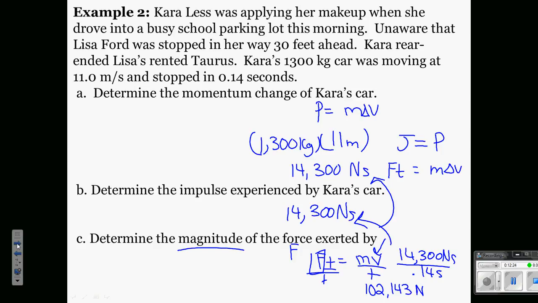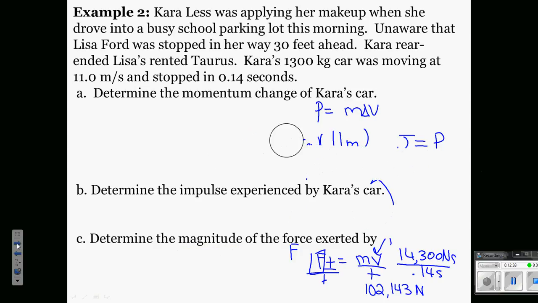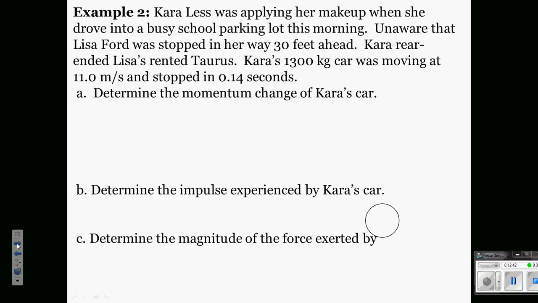Not N·s, but newtons, because remember we're doing force and there's an s on the bottom. Okay, remember you can pause this video anytime you need to.